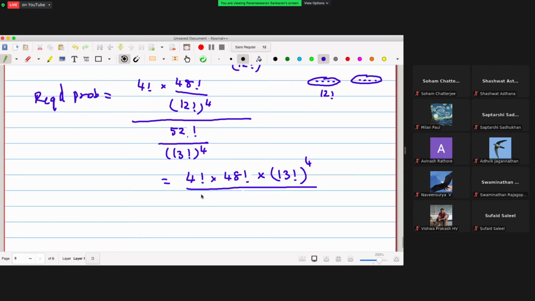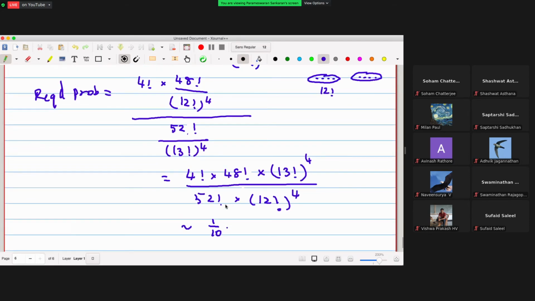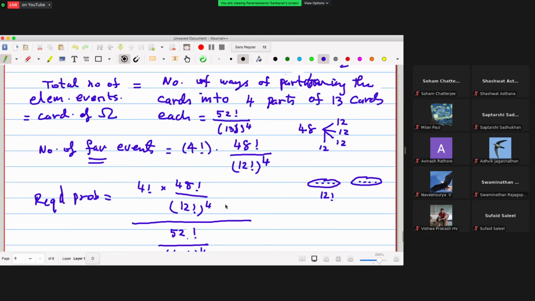One can do it, but I will not do it. 52 factorial times 12 factorial power 4. Okay. And it turns out that this is approximately 1 by 10, which is what is required for the next subdivision.